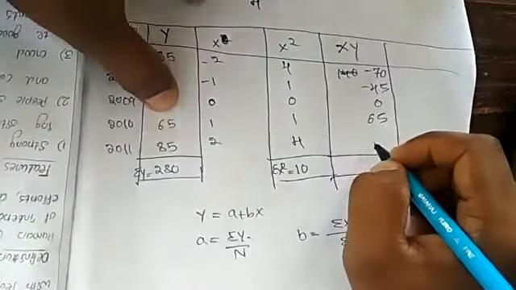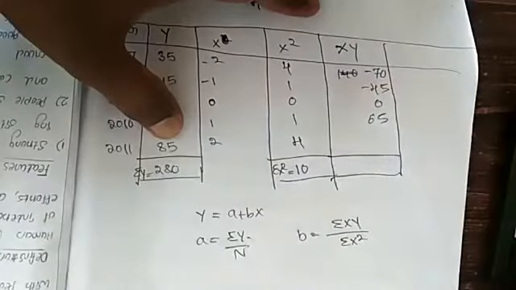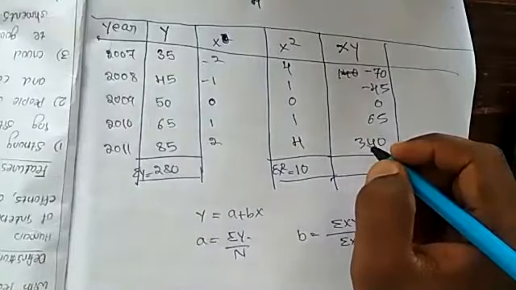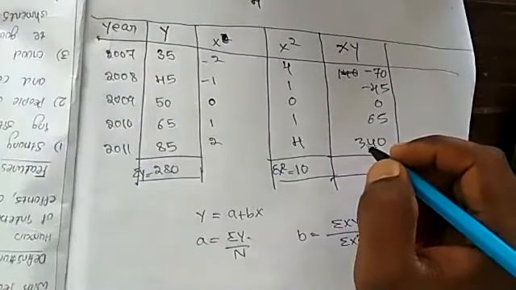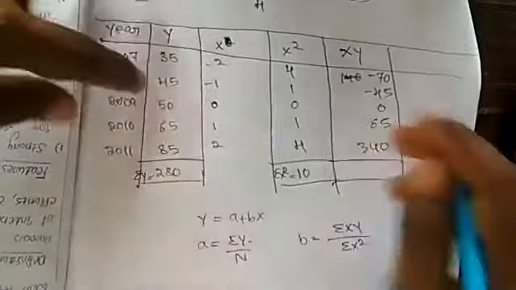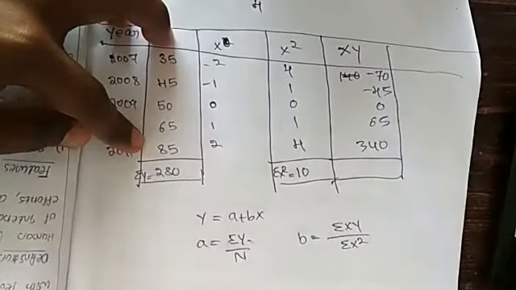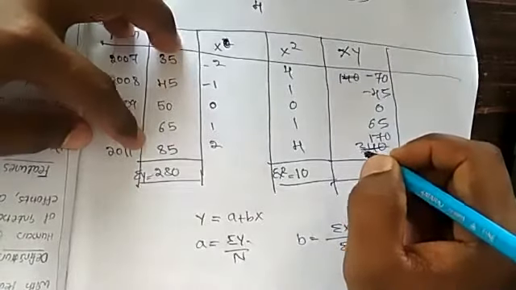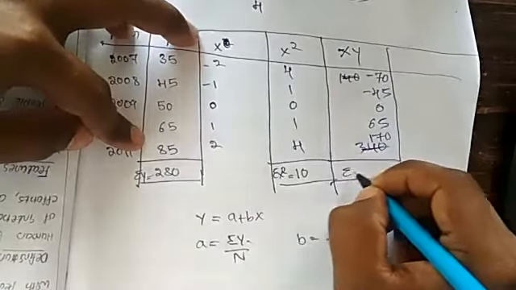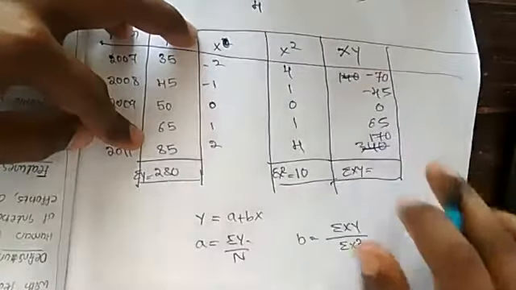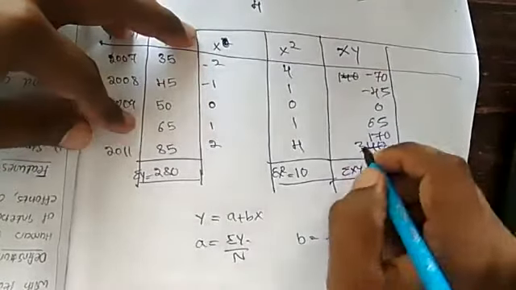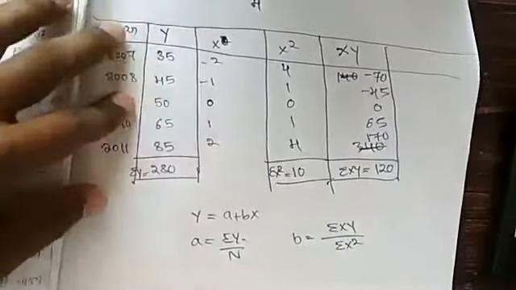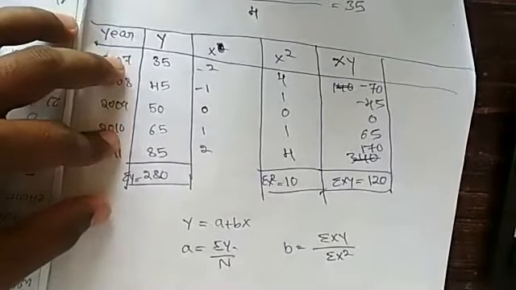Then 85 into 1, 85, and 85 into 2 is 170. So sum of xy is equal to minus 70, minus 45, 0, 85, 170. You can find 120. Sum of xy is 120. Correct?